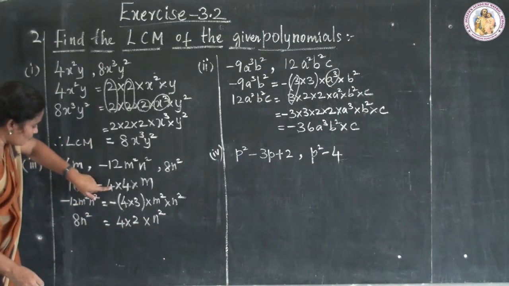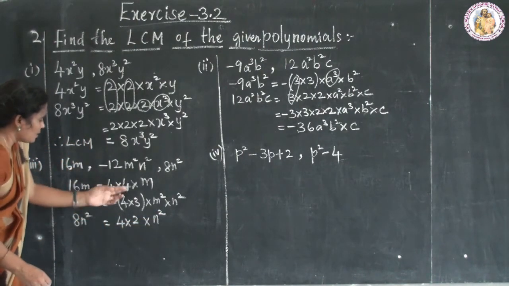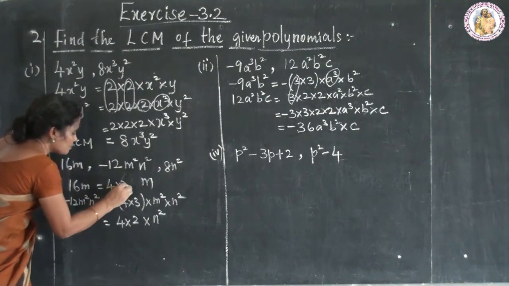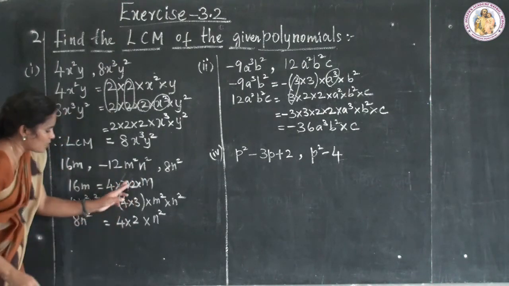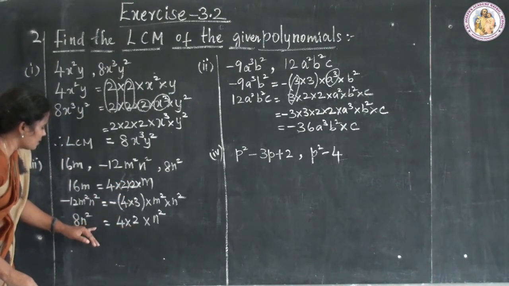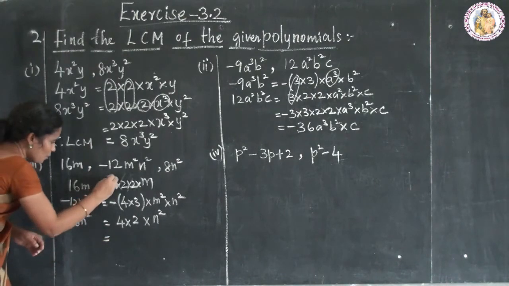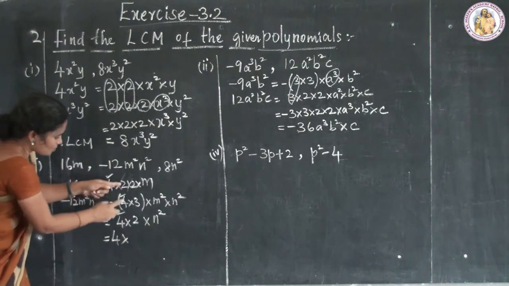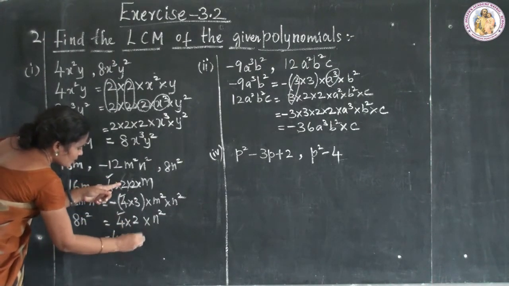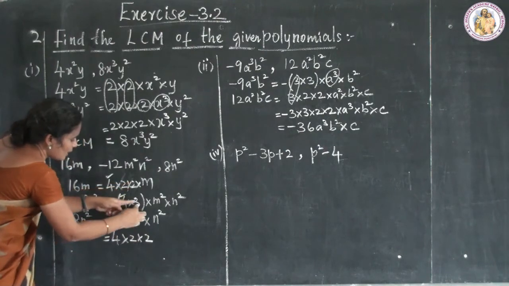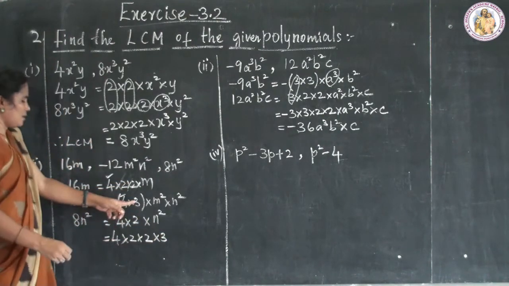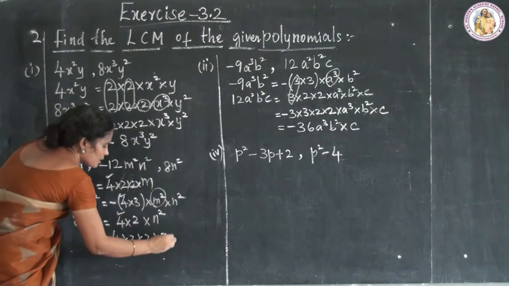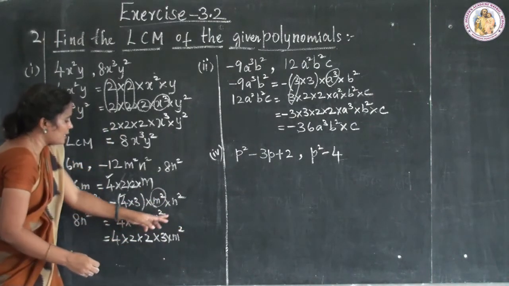Here we have 4 in all the terms. Even this 4 you can split as 2 into 2, so that it will be easy to take in the third term. Alright, 4 one time into 2. Here we have 2 and again 2 and then 3. Then m square is the highest degree, and n square.